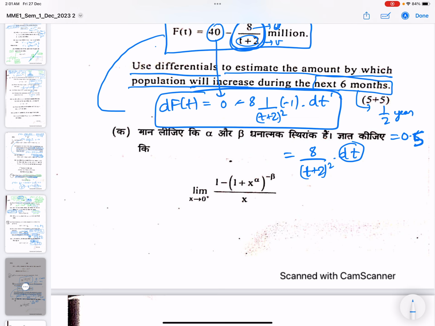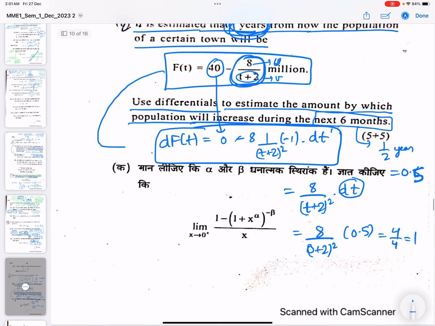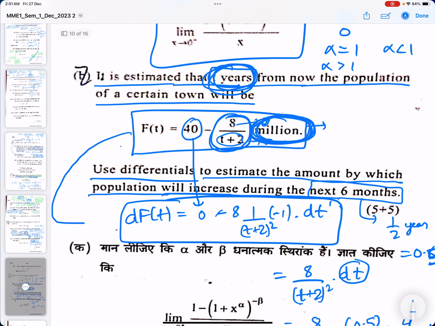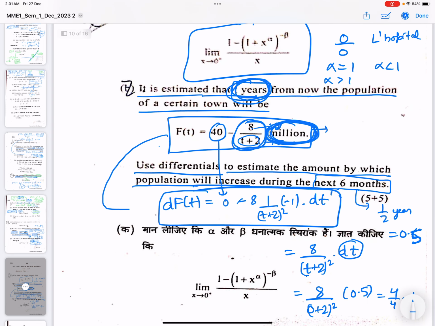So we have 8 upon (0 plus 2) whole square, into 0.5, which is 4 upon 4. This gives us the value 1. The population would increase by 1 million. So you need to mention the increase as well. The population after 6 months is expected to increase by 1 million given this function.